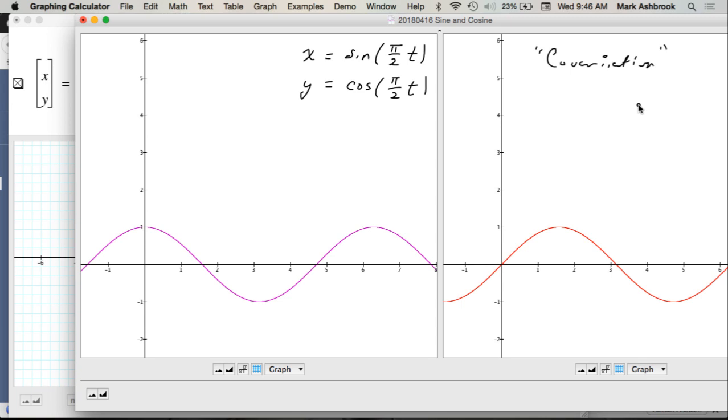So what does covariation mean? Yeah, good. She said two variables are varying together. So if we want to make heads or tails of this, how are we going to use covariation? Did anyone do that?